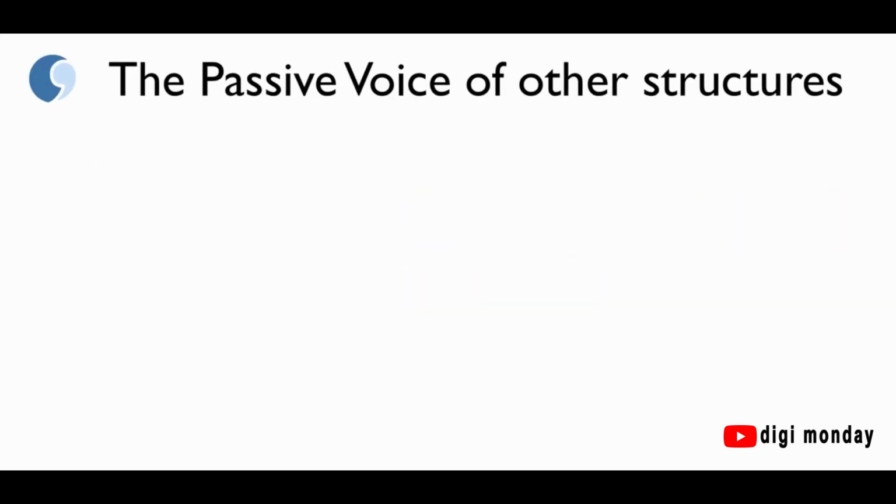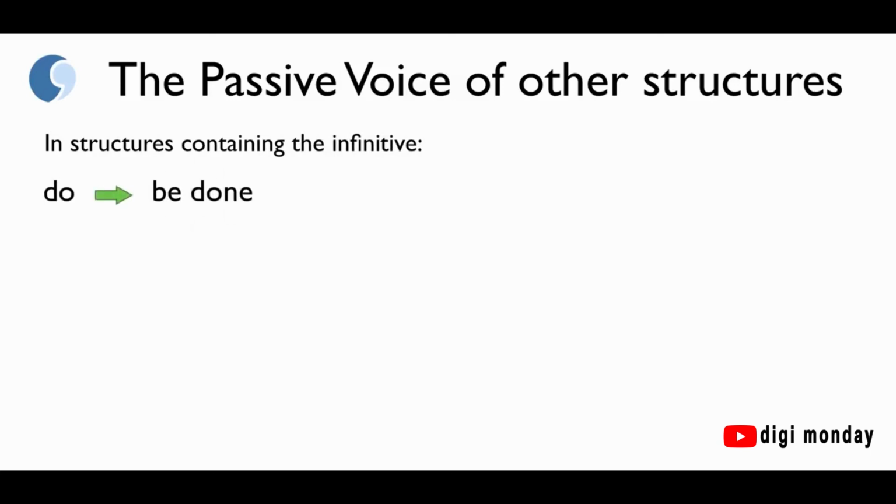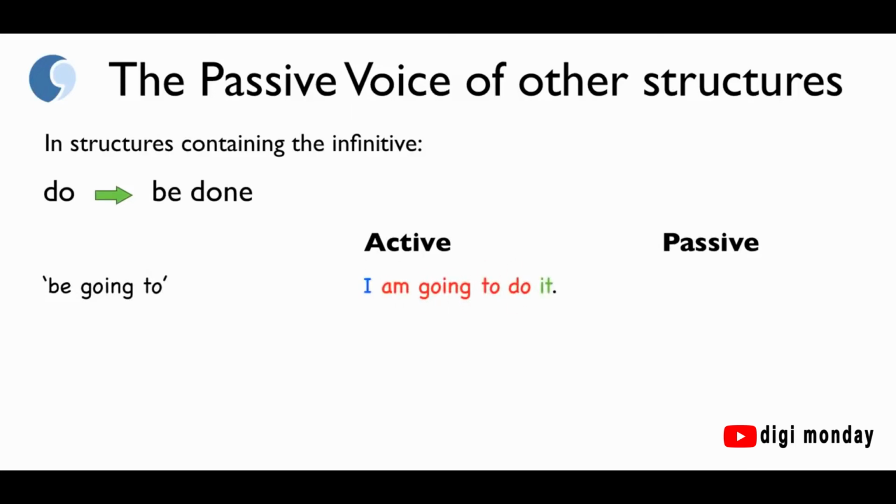Okay, let's look at the passive voice of other structures. In structures containing the infinitive do, the passive is simply be done. For example, be going to, I'm going to do it, it's going to be done.